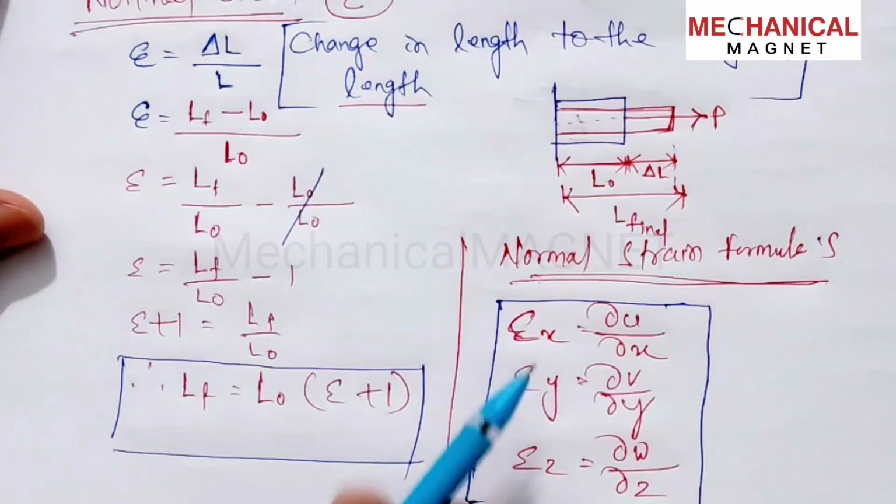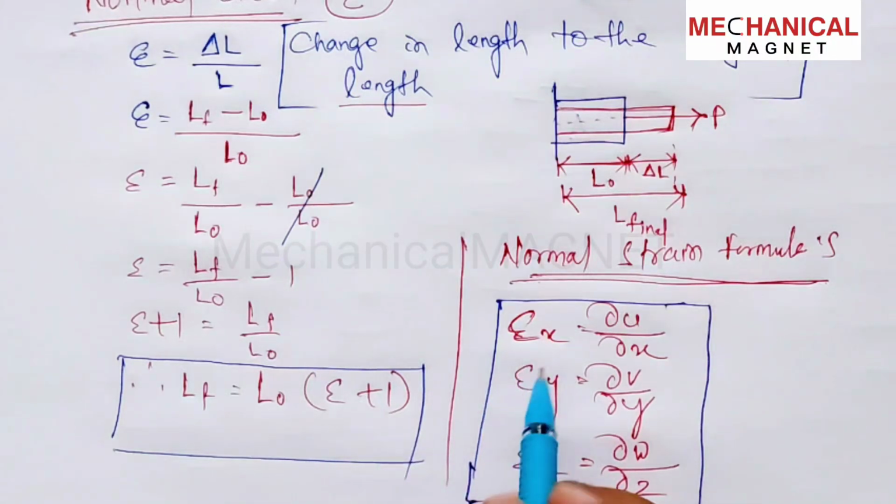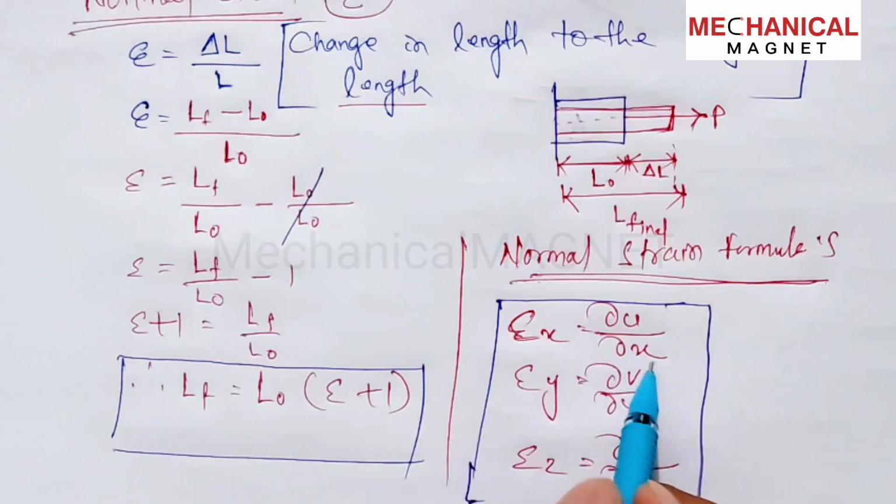It's quite easy: U, V, W, and del X, del Y, del Z. When you calculate the strain along the x-axis, it is with respect to del X, and likewise for the Y and Z axes respectively.